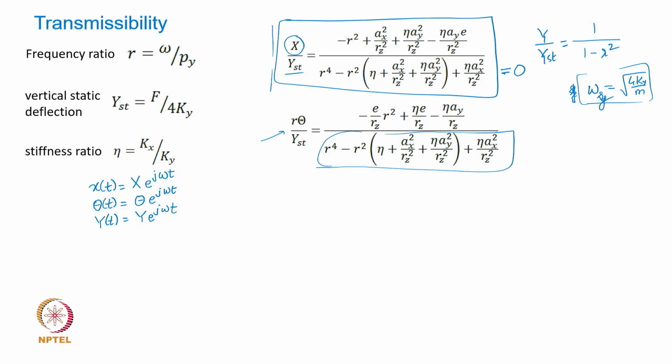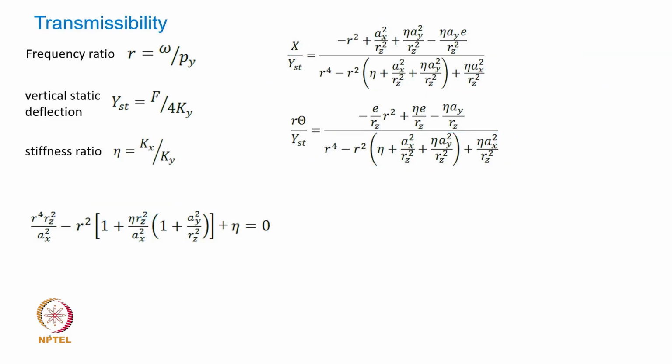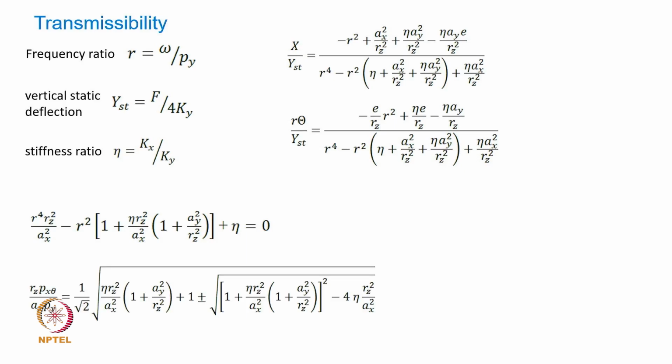So if you solve this denominator equal to 0, which is going to be this expression, you're going to get the expression for the two coupled natural frequencies. Again, this expression would look a little offending. It's not a very sober simple equation, but that's how it is.